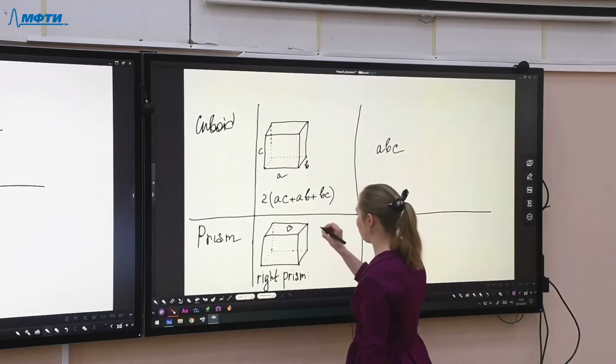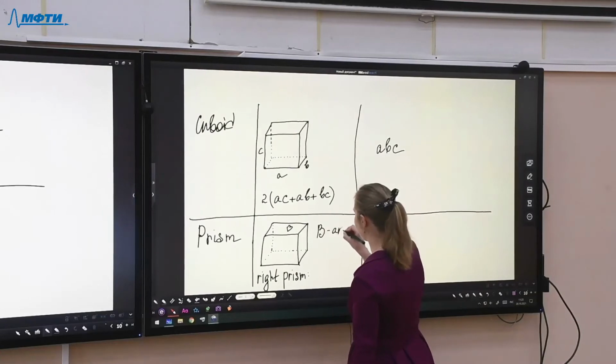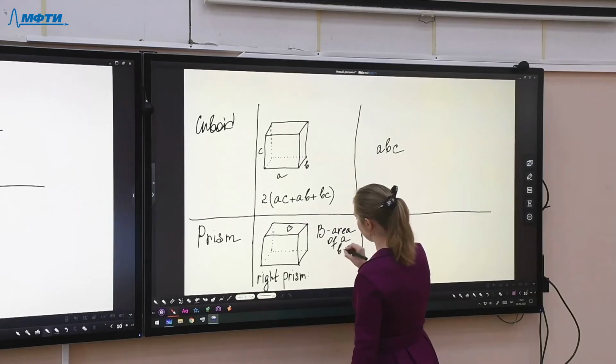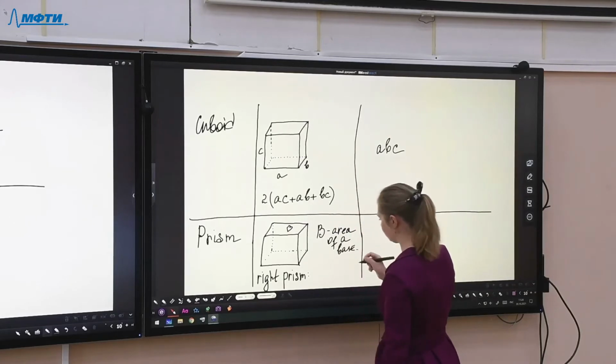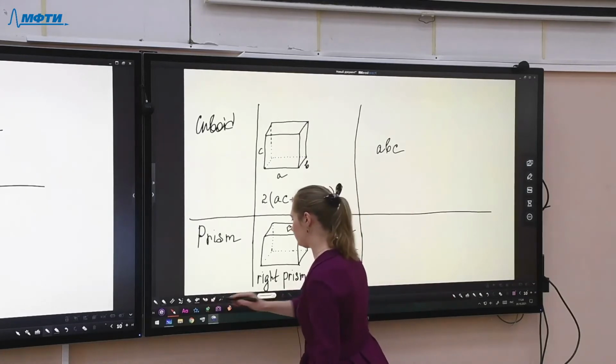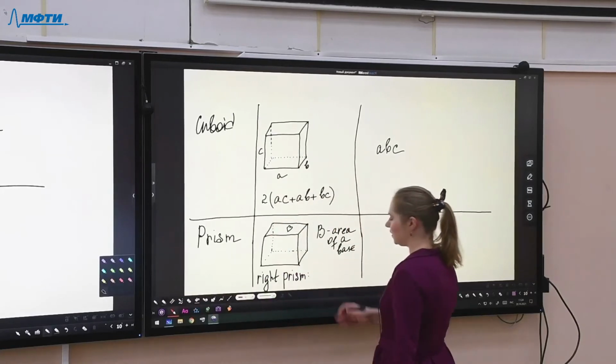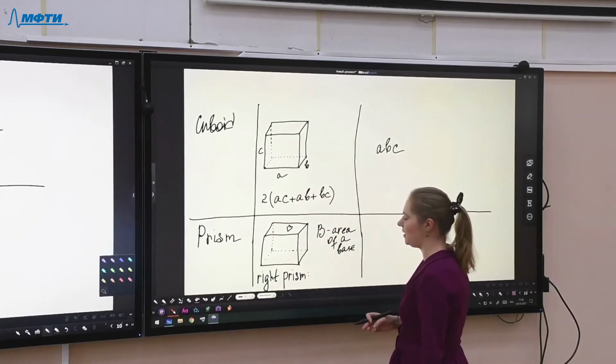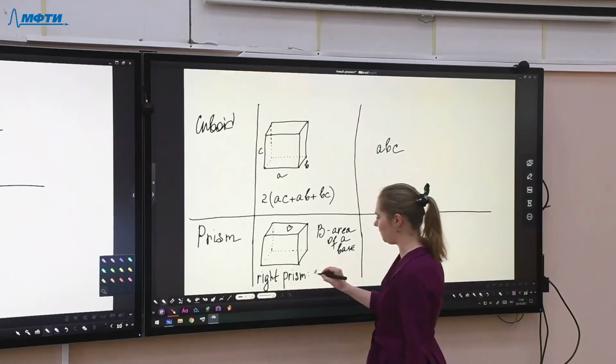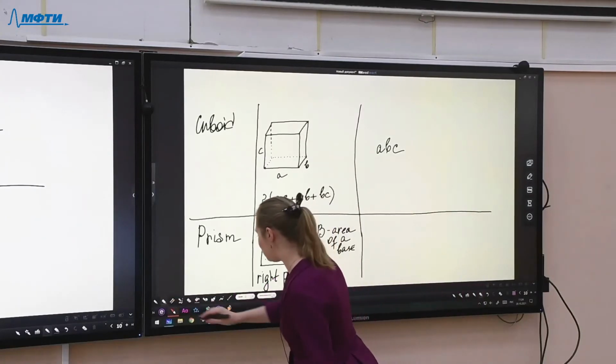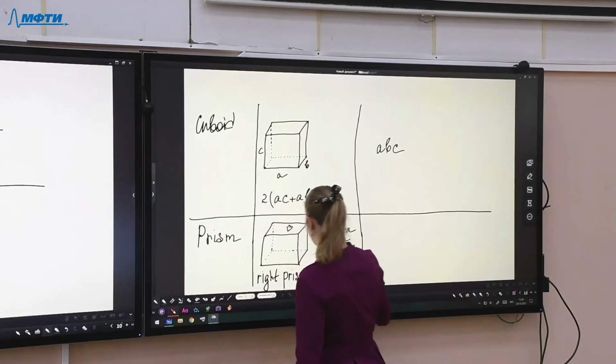The area of a base is B. The area of a surface is 2B. And also we need to add areas of faces.